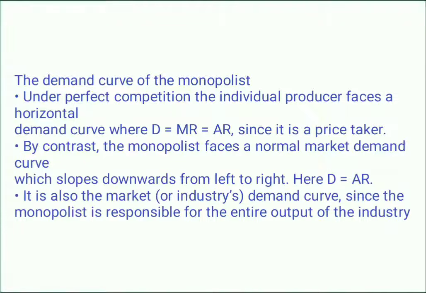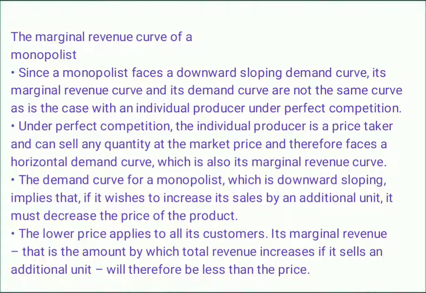The monopolist faces a downward sloping demand curve, so its marginal revenue curve and demand curve are not the same curve, as is the case with an individual producer under a perfect market. Under a perfect market, the individual producer is a price taker and can sell any quantity at the market price, and therefore faces a horizontal demand curve, which is also its marginal revenue curve.